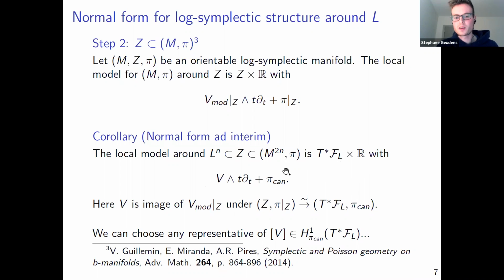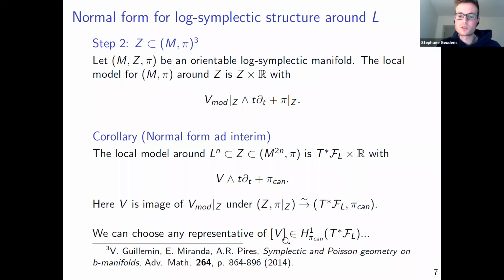So it's not very good for now, but we can use the fact that in step 2 we are free to choose any representative of the Poisson cohomology class of V_mod on Z. So that means that also here we can choose any representative of the Poisson cohomology class of V. And to do that, let's look at what the first Poisson cohomology of T*F_L is.